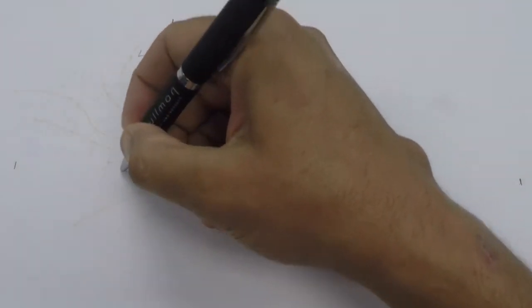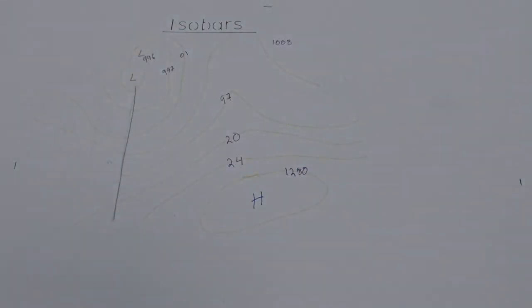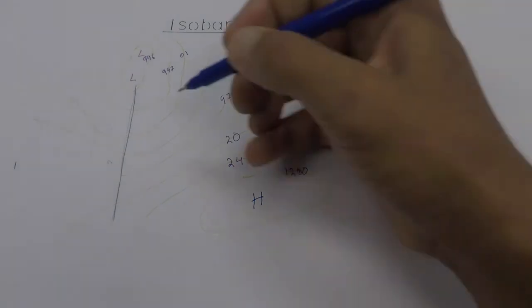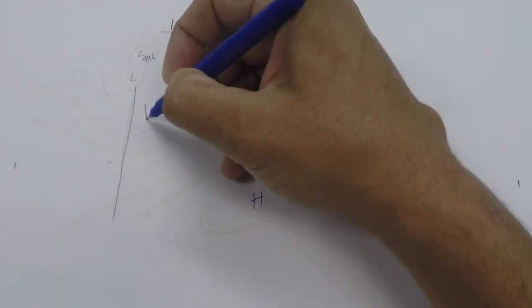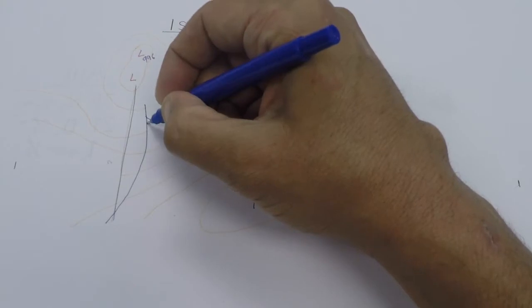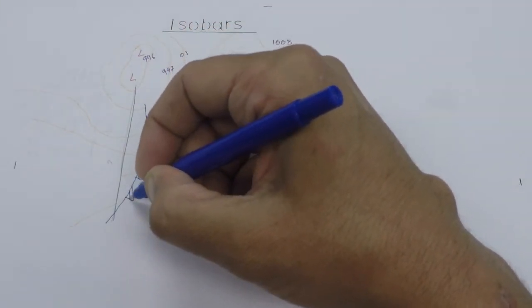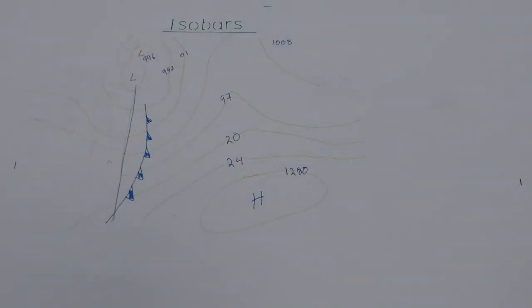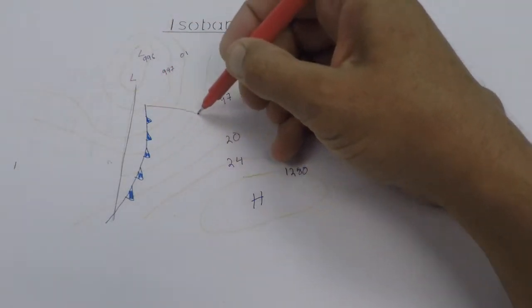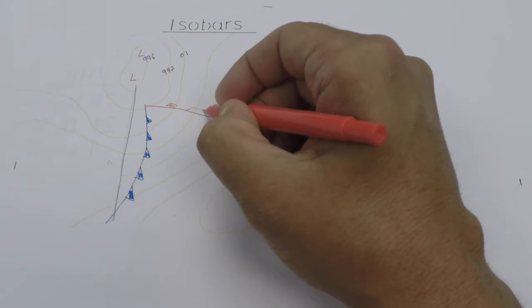If you remember from the chart, the low pressure, there's a trough right there. Usually indicates bad weather. Next to that trough, there was a blue line with triangles. That blue line with triangles represents a cold front. Usually indicates thunderstorms, a lot of convective activity.